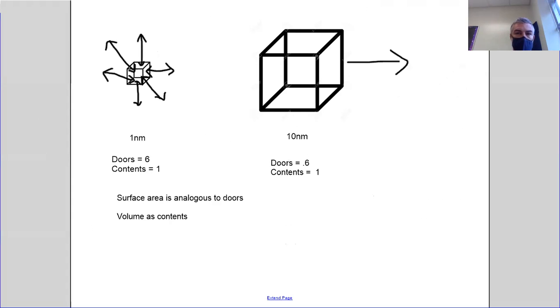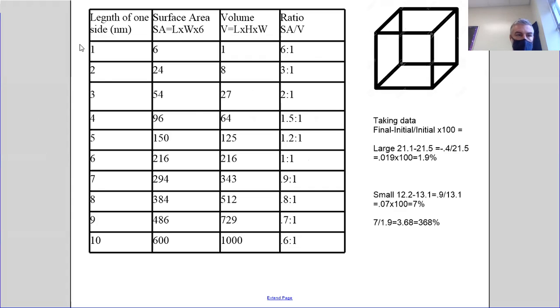Let's go back and look at the data. So here I am. I'm getting larger. This is getting larger. So my length, one side, is getting larger. Here I go from 6 to 3 to 2 to 1.5 to 1.2 to 1 to 0.9 to 0.8, 0.7, 0.6. But my volume, obviously it's getting larger. I could see that.